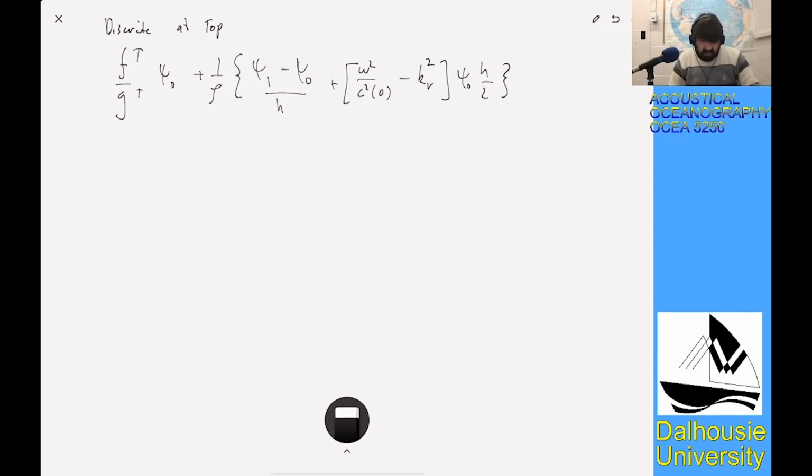So these are just using the doubly transformed field at layer 1 and in layer 0, for the top. And at the bottom, psi n in n layers.